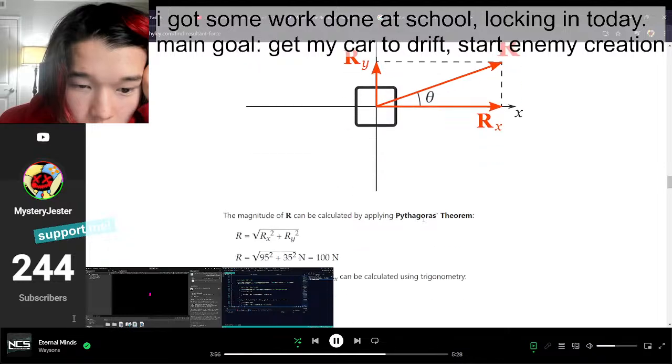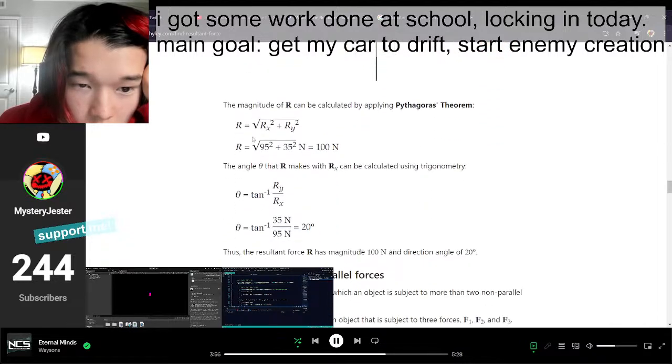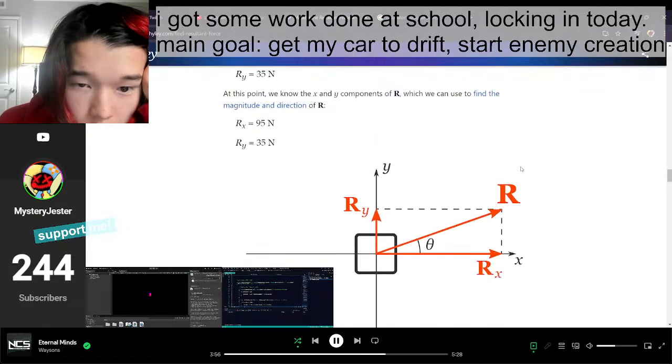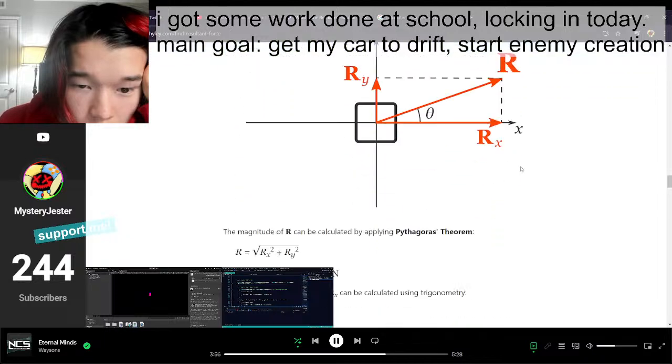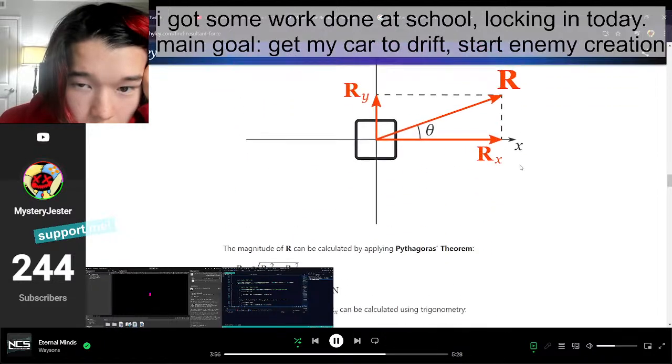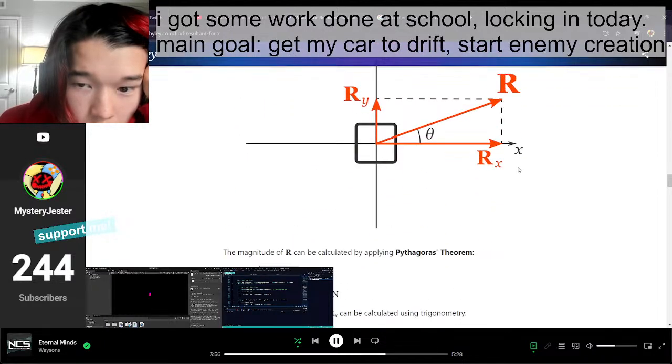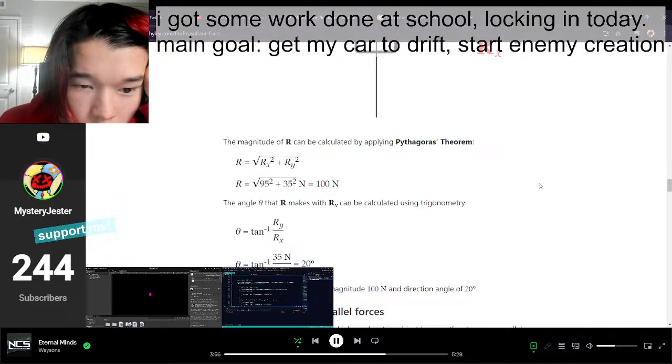You really just use the square root of them squared added together? Oh, I mean, I guess they are. Yeah, I guess that makes sense.